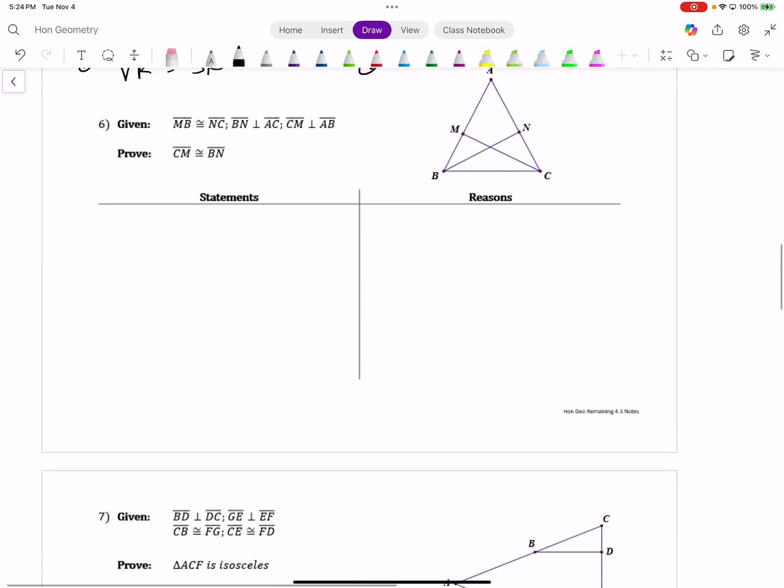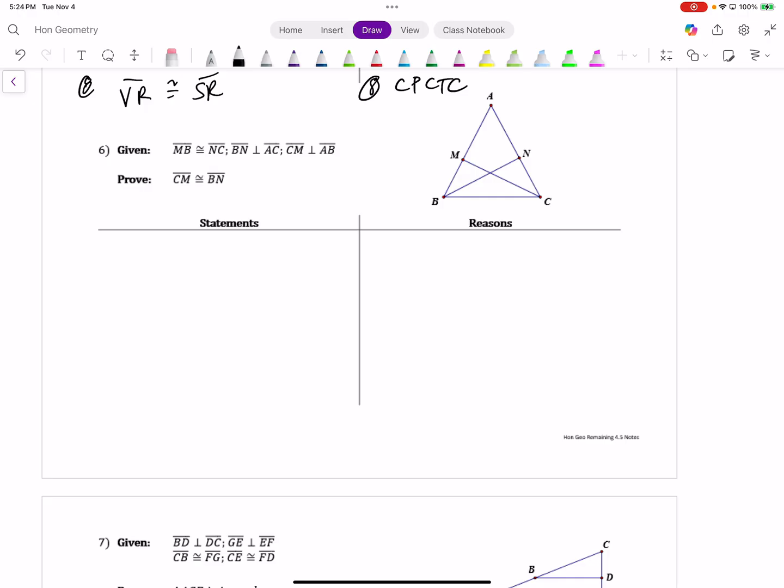All right, so next up on the agenda, let's see. It's going to take me a second. Let me figure out what it is I'm trying to prove first. I'm trying to prove that this is congruent to this. I'm going to mark it up, and I'm probably going to erase a bunch.